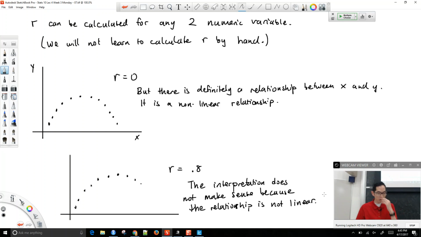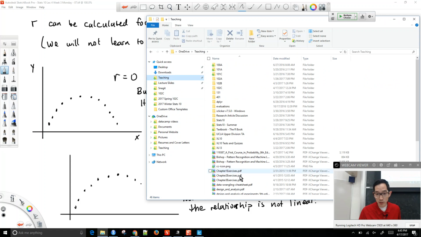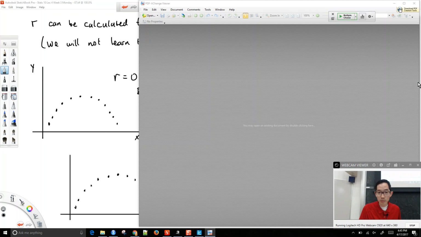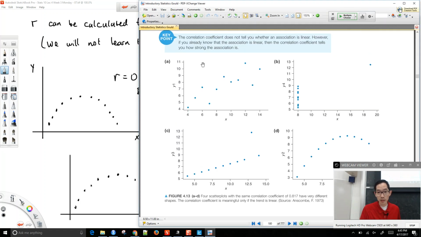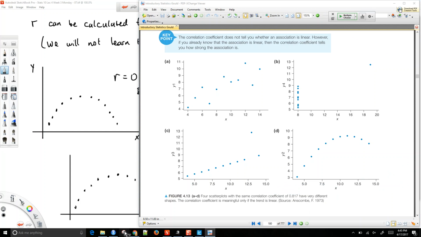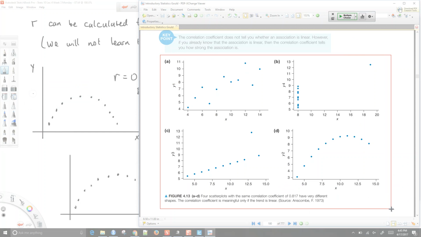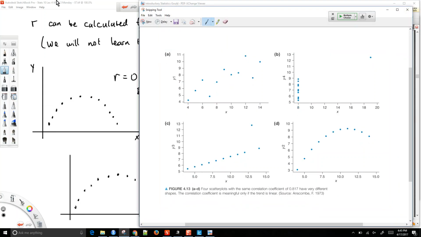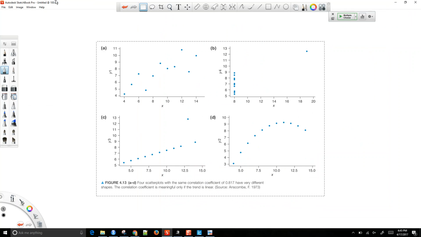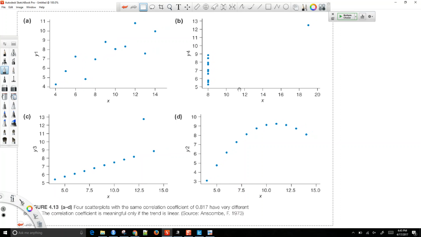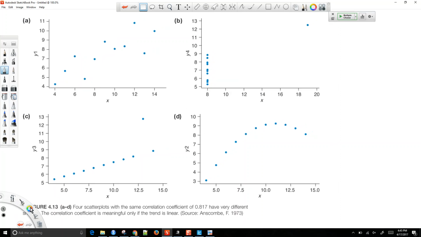Okay, let me take a page out of our textbook. These 4 plots are called Anscombe's quartet. All 4 plots have the same correlation, okay?